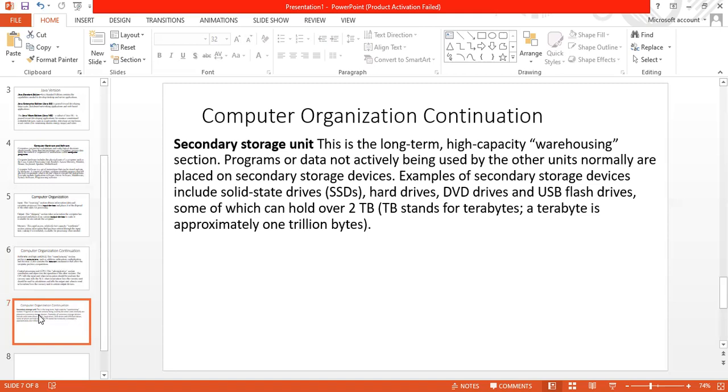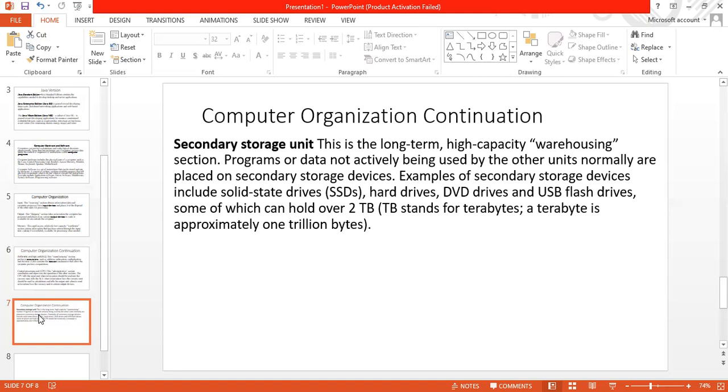Other examples of secondary storage devices: we have hard disk drives, that is the HDD, hard disk drive. We have the DVD drives.